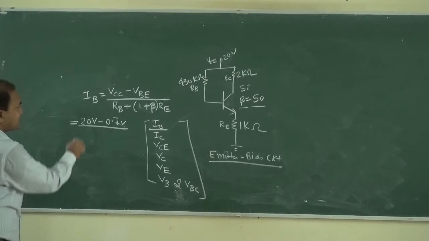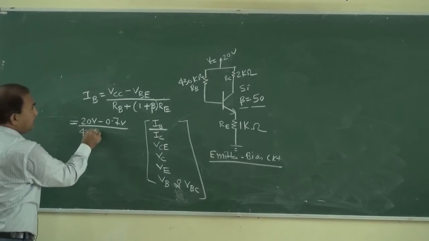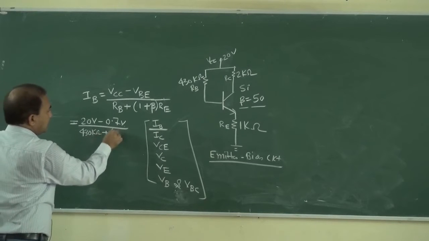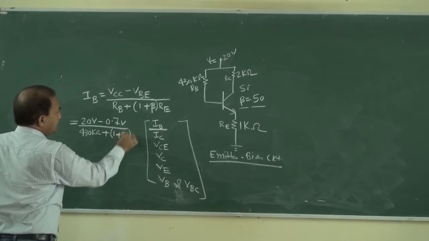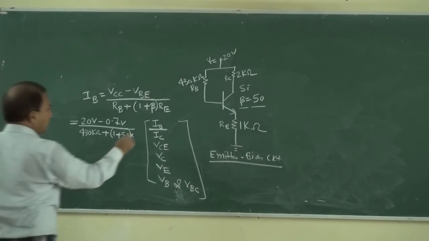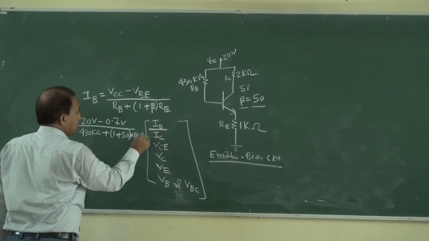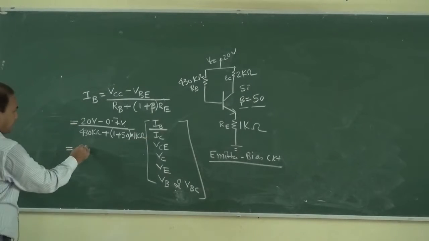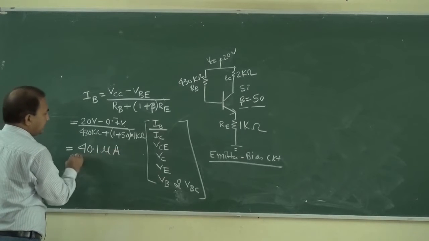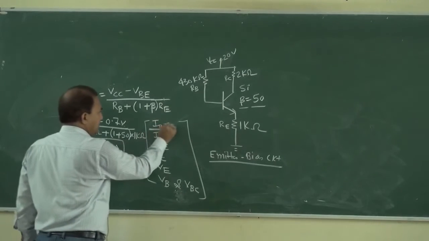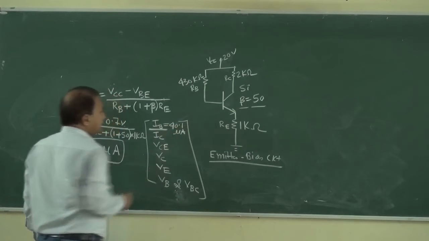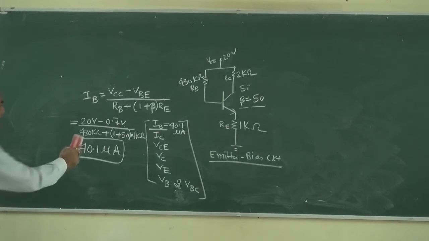RB is given as 430 kilo ohm plus (1 plus 50) multiplied with RE. RE is 1 kilo ohm. So it is equal to 40.1 microampere.